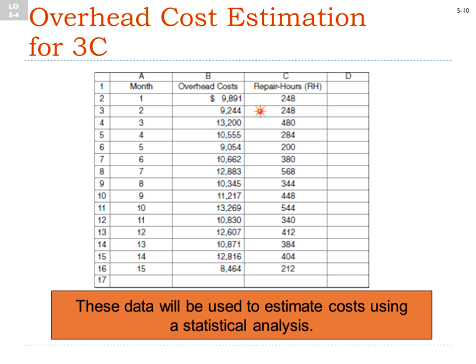Months 1 and 2 repair hours were both 248 hours, but as you can see, overhead cost in one month was 98.91, and in the other month was 92.44. So it was roughly a $700 difference with the same number of repair hours. So again, it's not strictly proportional, but I think if we look at each month, we see somewhat of a pattern there.